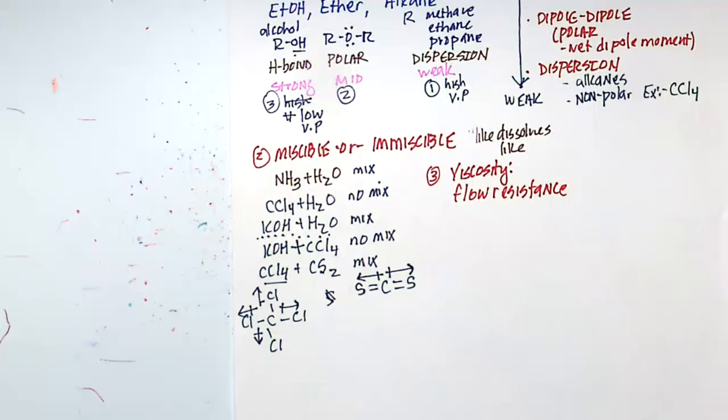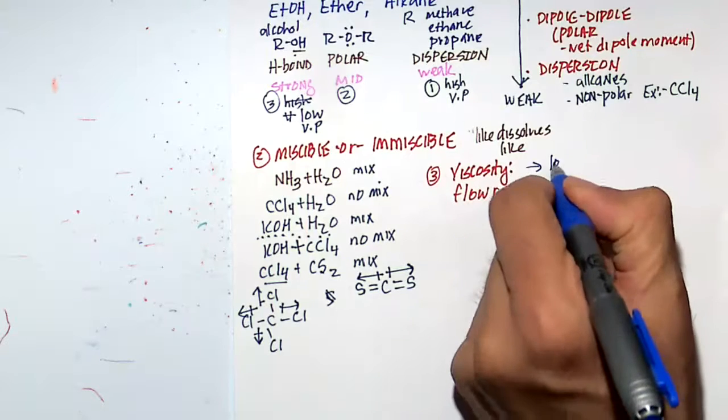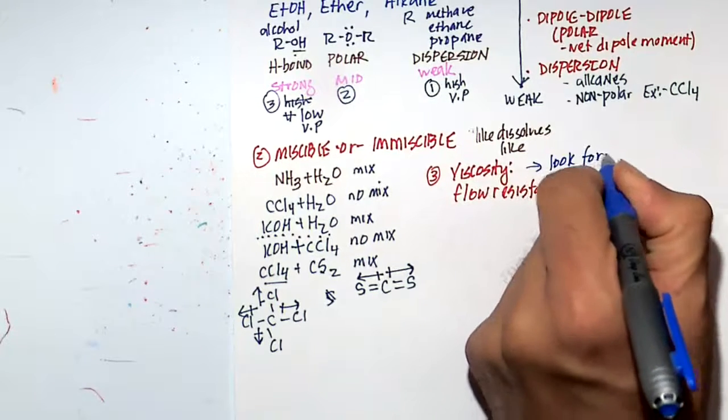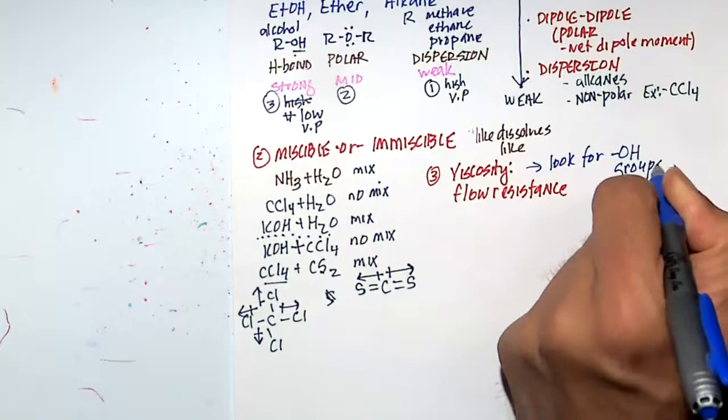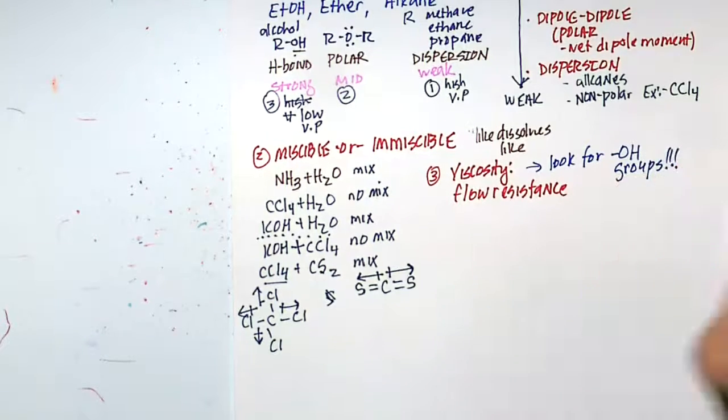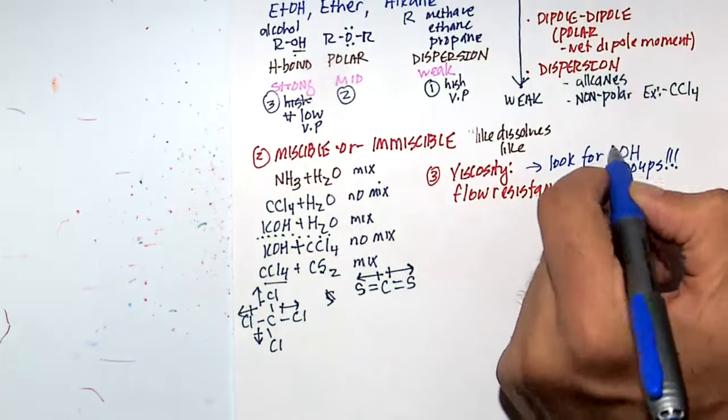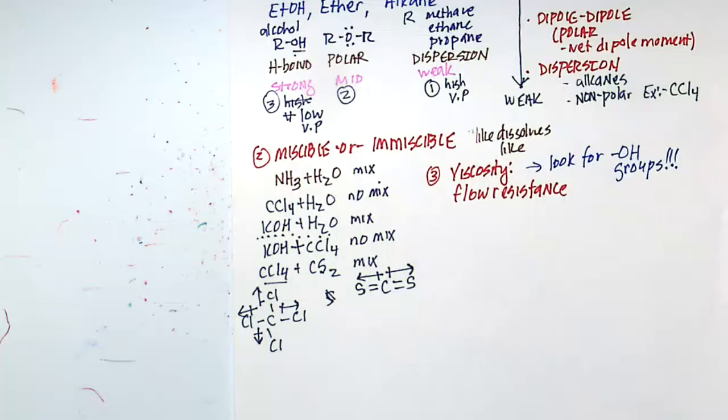How do you identify a molecule that's very viscous from a list? Look for OH. The more OH groups, the more hydroxyl groups, the more viscous it will be, like glycerol. So the more OH groups, the more viscous it's going to be.